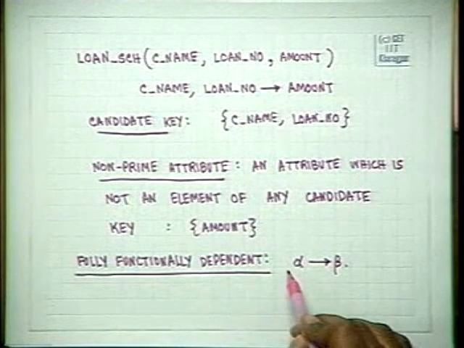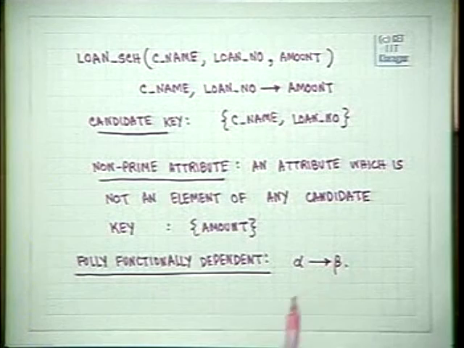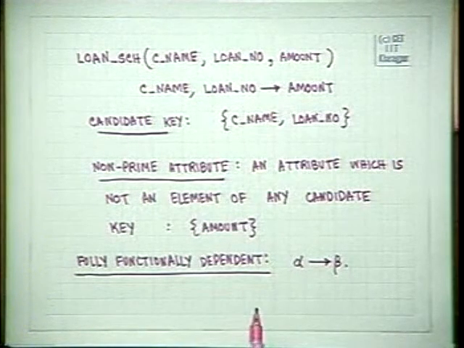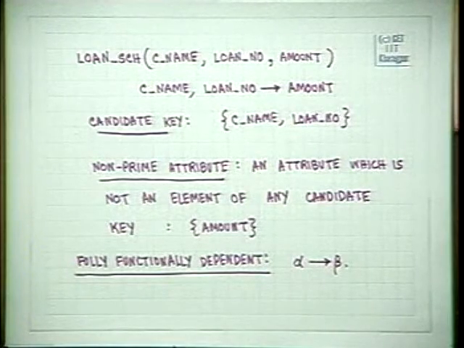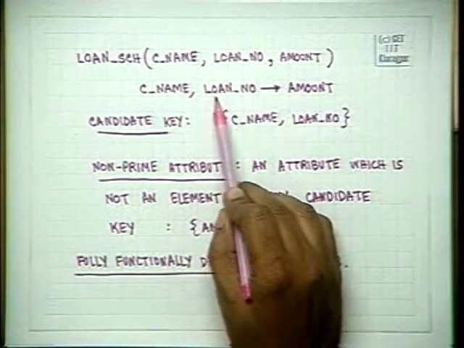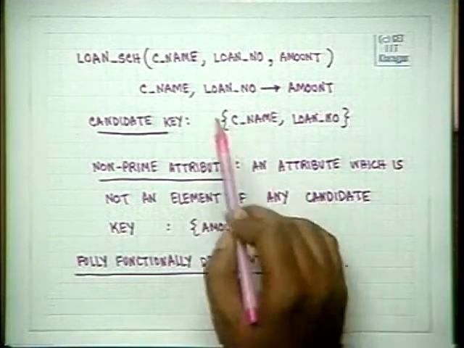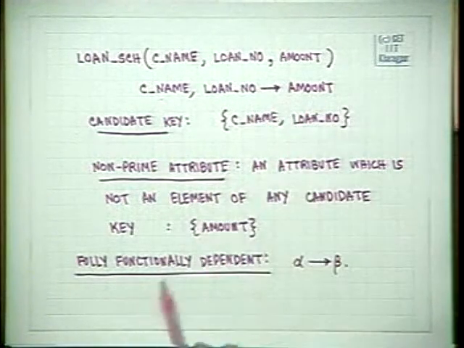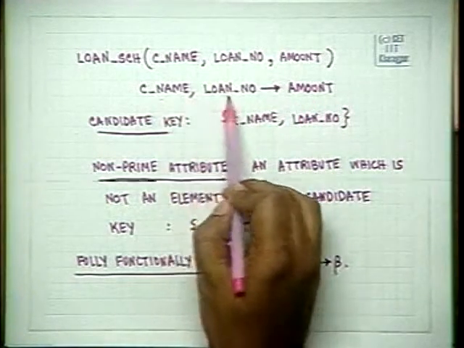A subset of the attributes of alpha cannot imply beta. Then it is said to be fully functionally dependent. For example, here loan number alone does not imply amount, or customer name alone does not imply amount. Therefore, amount is fully functionally dependent on these two.